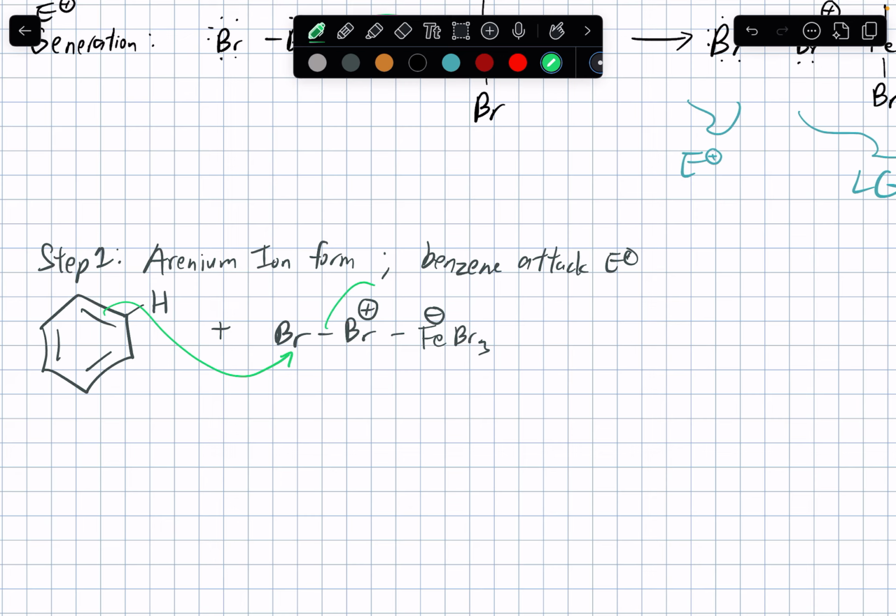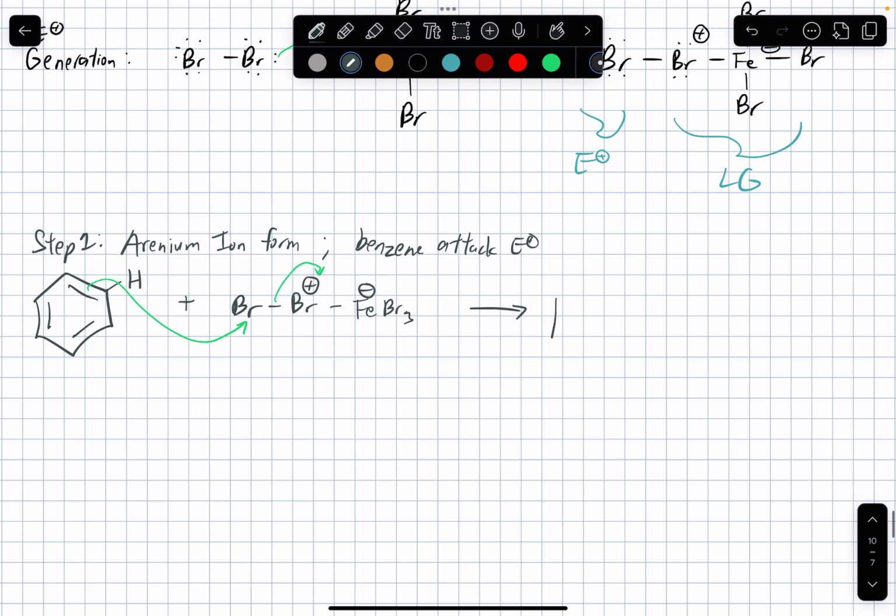This bond goes here. Result, the arenium ion is formed.